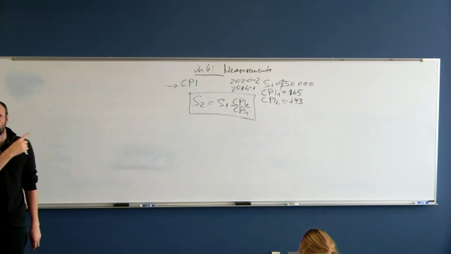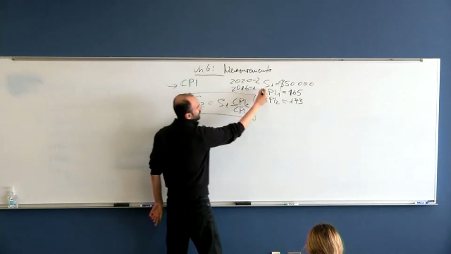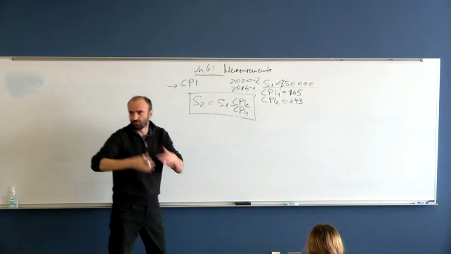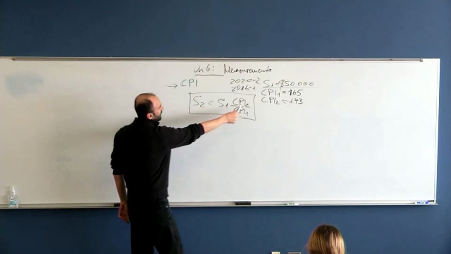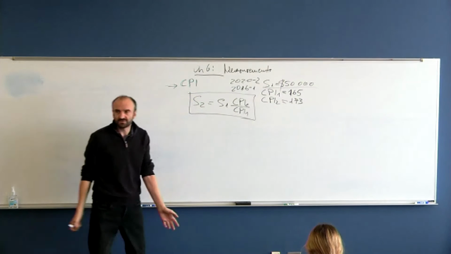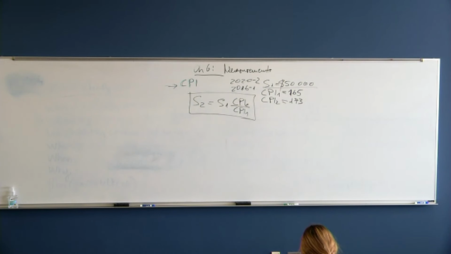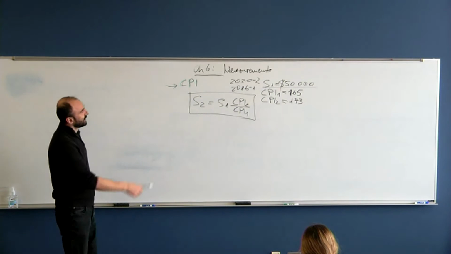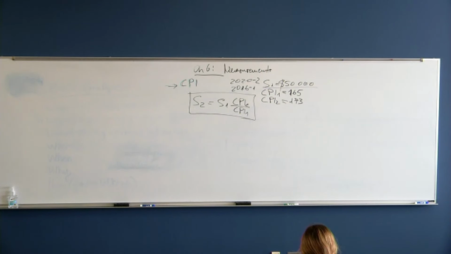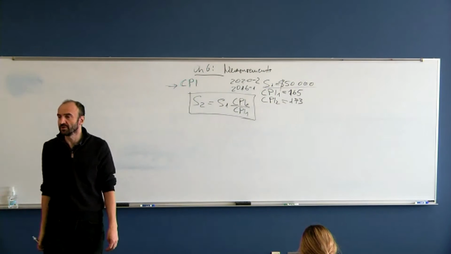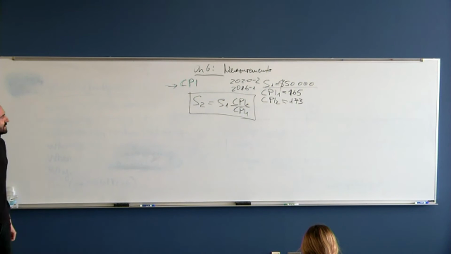Because inflation increased in the meantime, you will have to increase the nominal wage from 50,000 to 50 something. CPI 2 is 173 over 165, so that would be 1.1 or something like that. Then you multiply 50,000 times 1 point something, and you will get a larger number, maybe 52 or 53 thousand, whatever the number is.